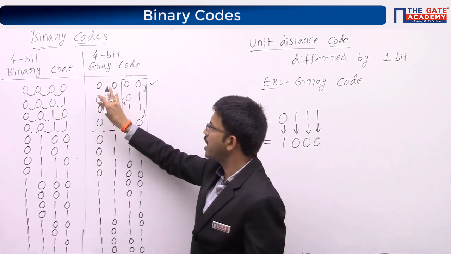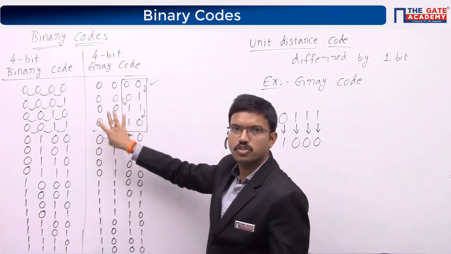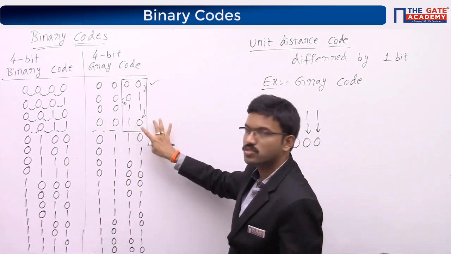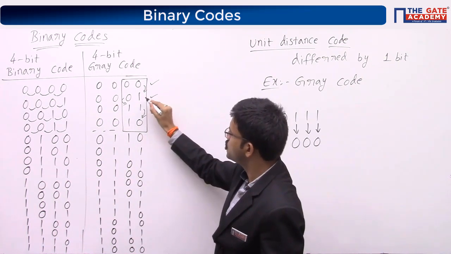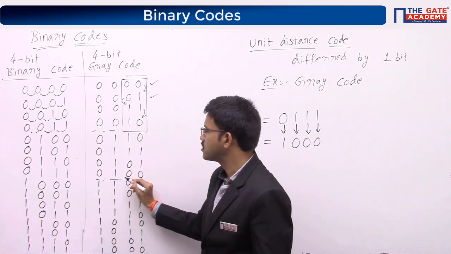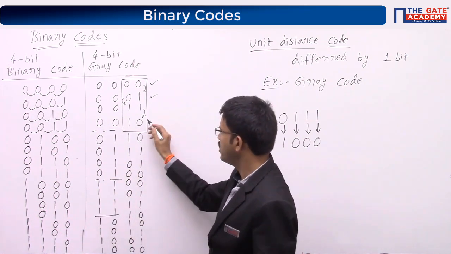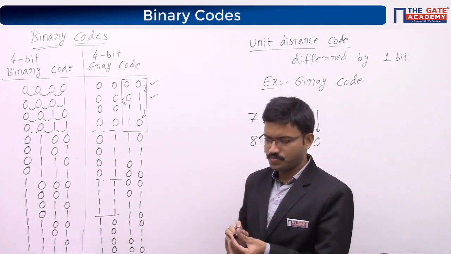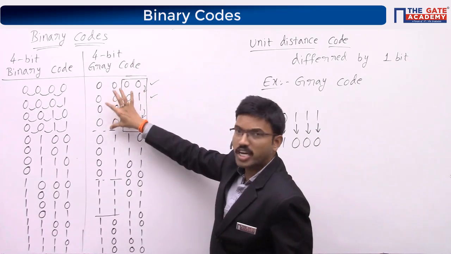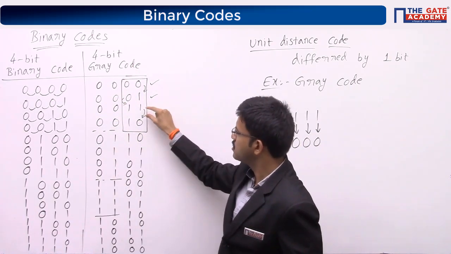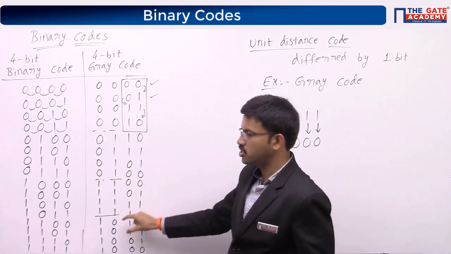For 4 combinations I have kept the MSB bits as zeros, and the remaining bits as like this. Next, the second one is 0 1, for 4 more times. After that 1 1 for 4 times and then 1 0 for 4 times. So 0 0 4 times, 0 1 4 times, 1 1 4 times and then 1 0.